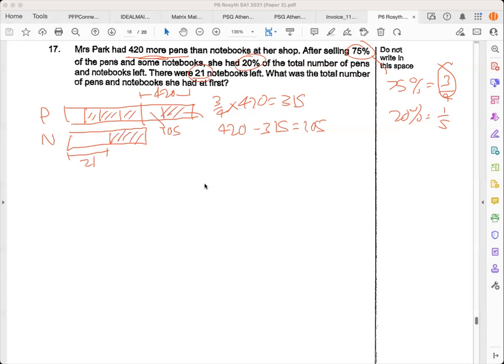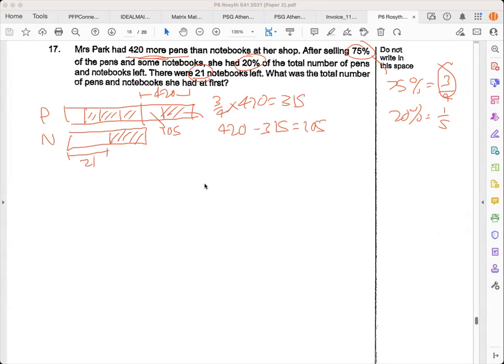All right. Now, the question says that she had 20% or 1/5 of the total number of pens and notebooks left.